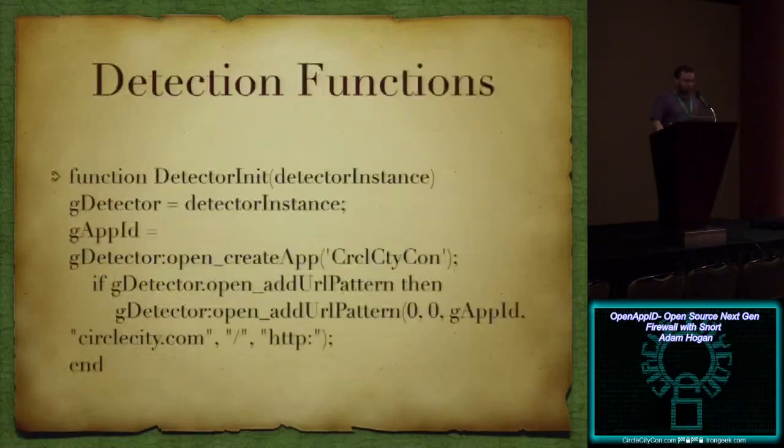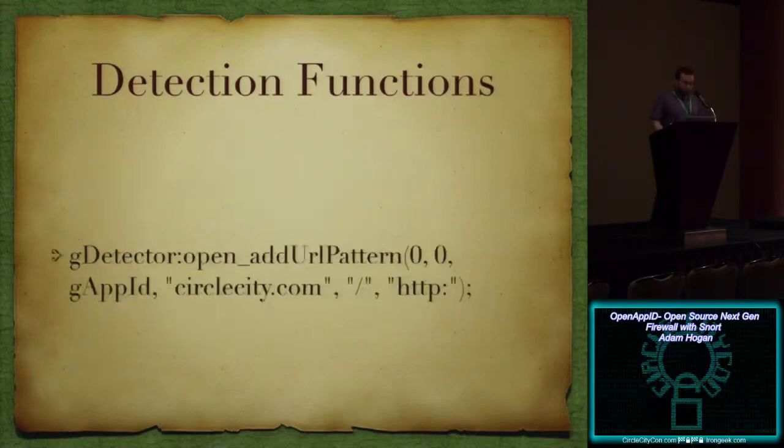Not a lot to do there, and get into the functions where we're defining how we're going to identify this application. Again, a lot of mess on the screen, but a lot of this is just initiation of this function. If we look at what we're actually doing, it's really just this function. We're registering with this framework to create a new detector. This is where this is really going to happen.